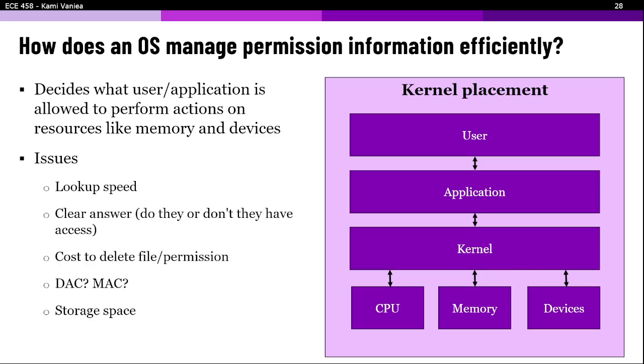So how does an operating system manage permissions? It needs to decide what user application process ID is allowed to perform actions on resources like memory, devices, printers, all the stuff attached to that. And that means we need this kind of low down. We need to make sure that the user can't muck with it.